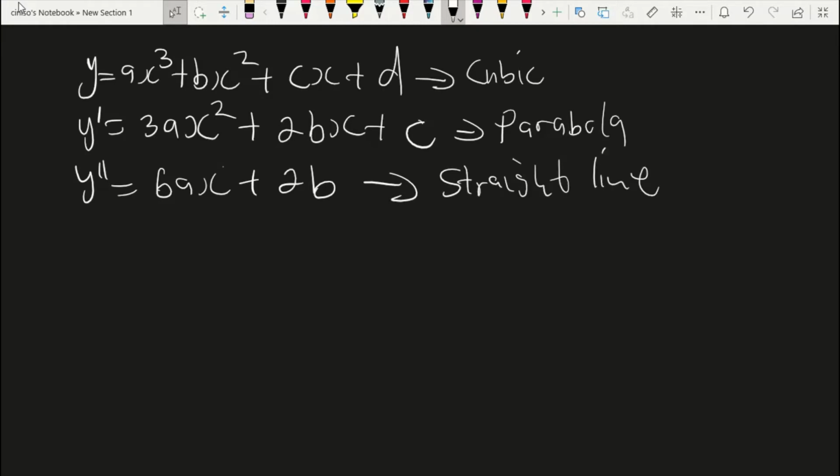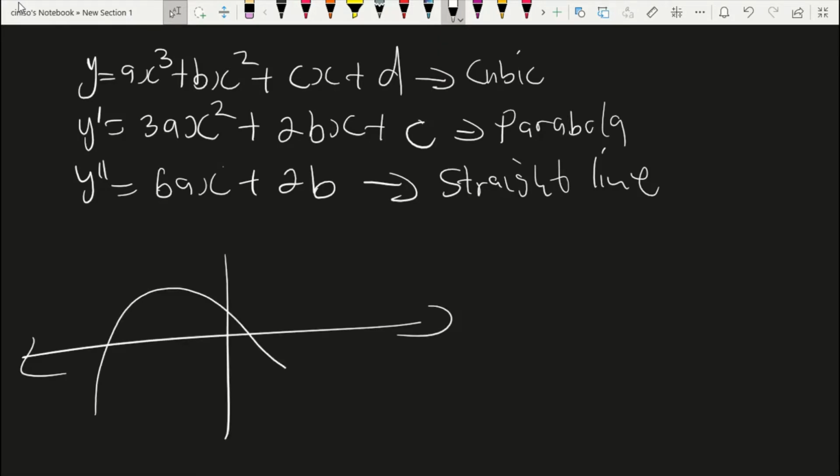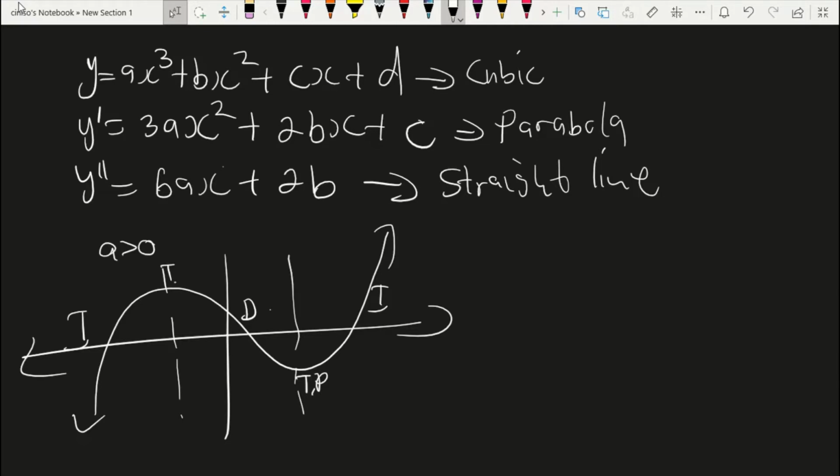So now if you were to draw your cubic function, which is an increase, decrease, increase, remember, which is when your a is greater than 0, right? So if you were to do this example, you know that you have your turning points here and here.